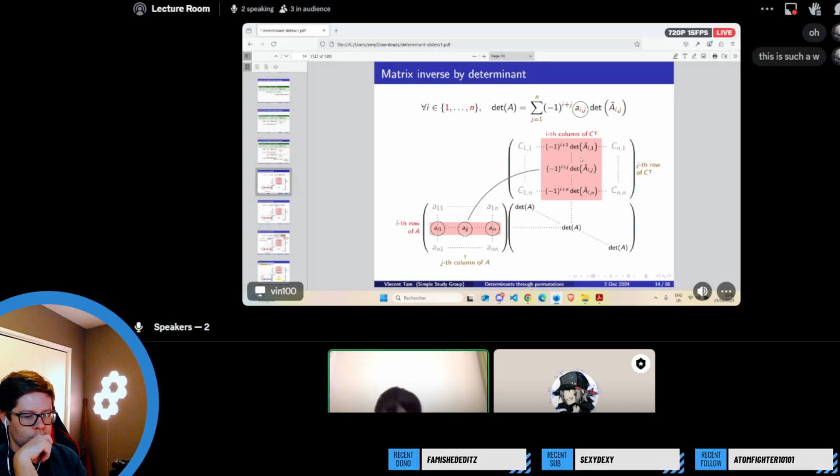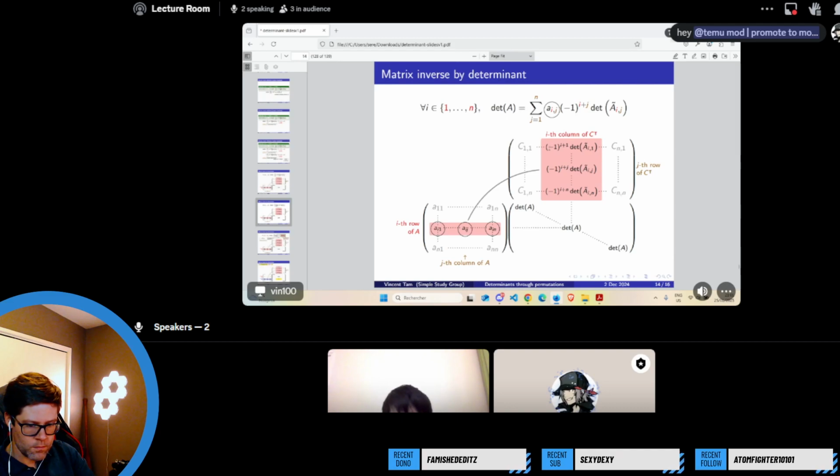If we take a closer look at this sum and try to relate it with matrix multiplication, you can see that you can arrange them in this way with a matrix like C transpose.